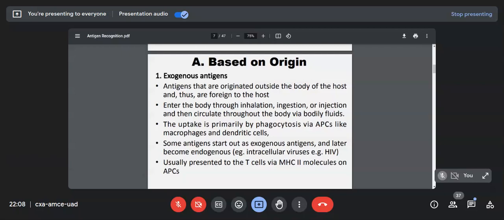So exogenous antigens are the first type of antigen under the classification of antigens based on origin. What are exogenous antigens? The word exo means outside.